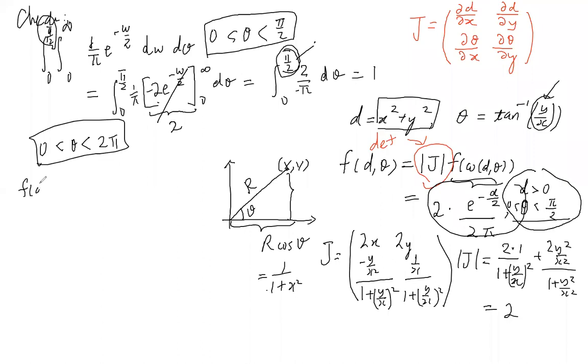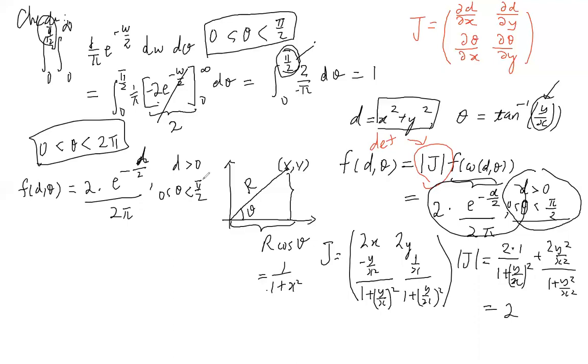So again, this one is equal to 2 times d over 2 pi, right? Now, d is positive and your theta is between 0 and pi over 2.